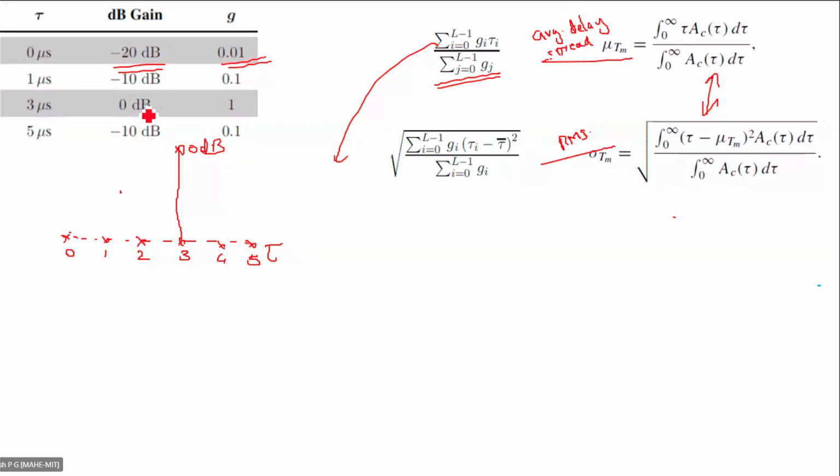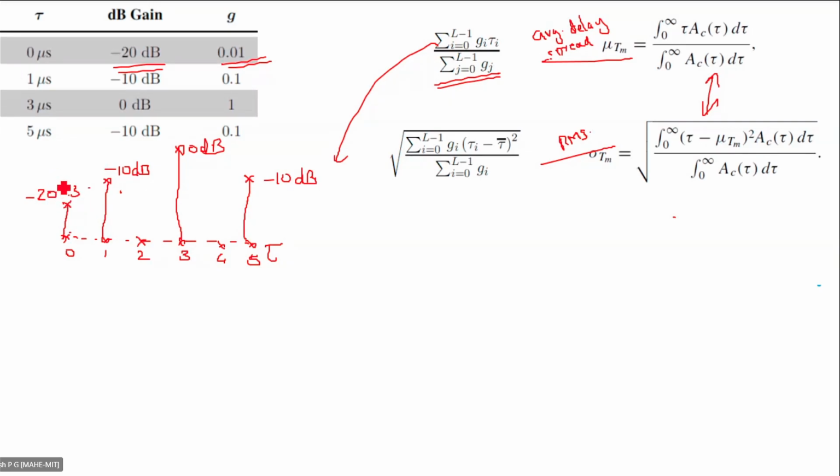Minus 10 dB at 1 microsecond and minus 10 dB at 5 microsecond. So I'll mark minus 10 dB here, and similarly at 5 I have minus 10 dB. And again minus 20 dB, which is at 0 microsecond. So I'll mark it here as minus 20 dB.